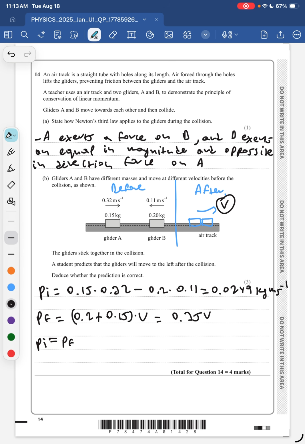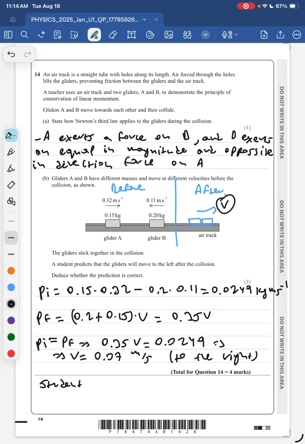Pi should be equal to pf, so 0.35 v is 0.0249, so v is 0.07 meters per second to the right, so the student is wrong. Okay, I think it's a straightforward application, so I don't have anything else to add here. So let's move on to the next question.